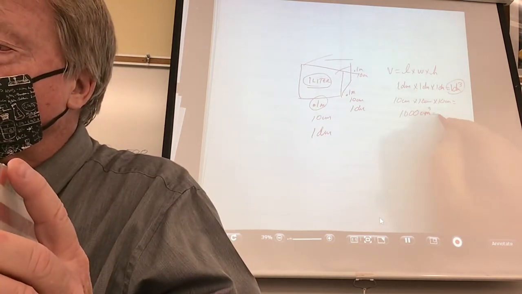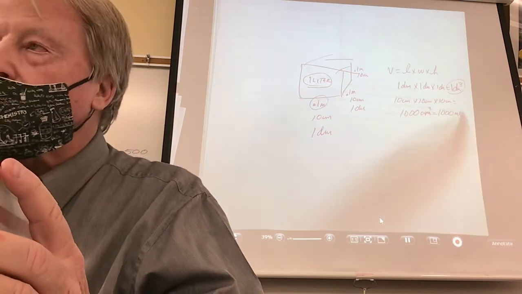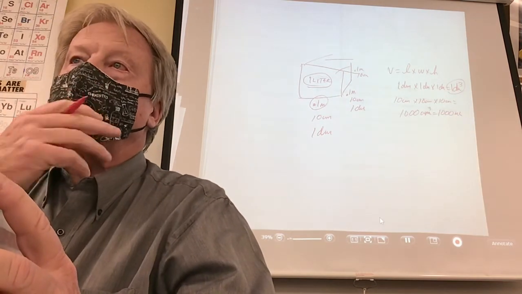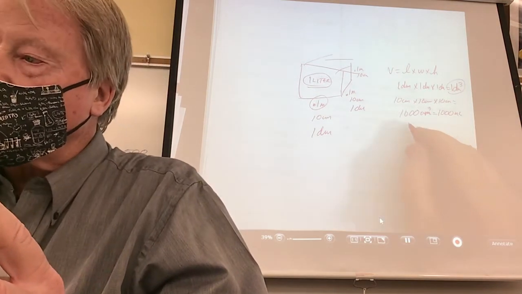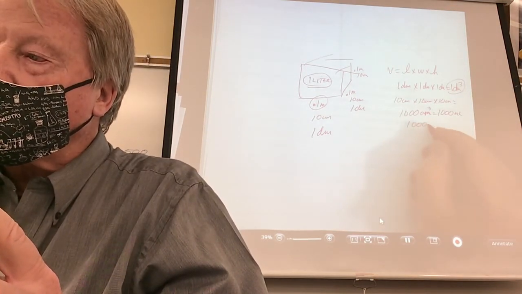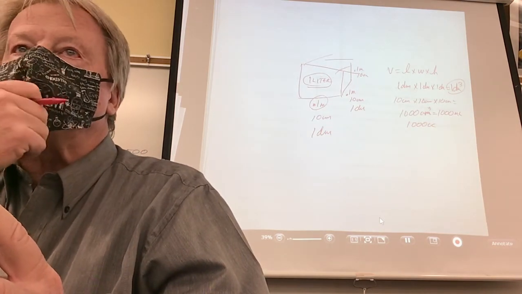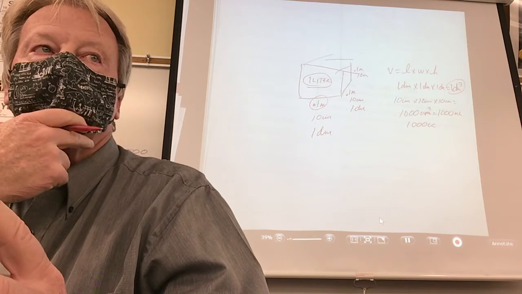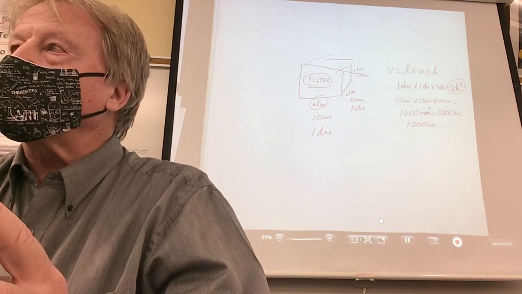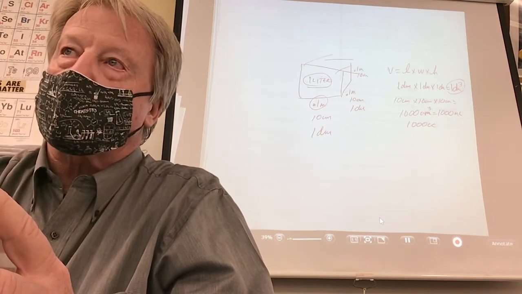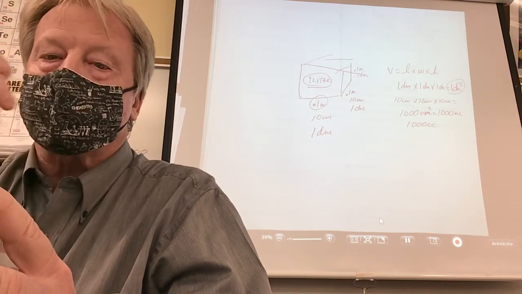Now, 1,000 cubic centimeters can also be written as 1,000 milliliters. You know why? A cubic centimeter is a milliliter. If you work in the hospital, they would call it 1,000 cc's, because they use their own abbreviation, and they call a cubic centimeter a cc. So if you watch a medical show, and they say, give him 10 cc's of something, what do they mean? 10 cubic centimeters, 10 milliliters.